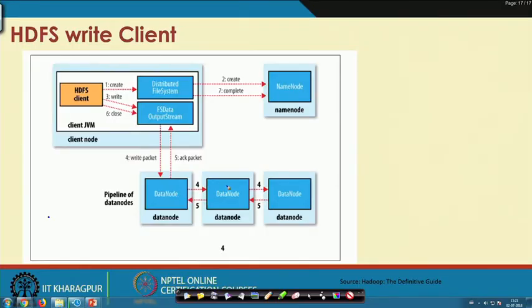The data nodes among themselves take care of the replication. For example, the client writes to the first data node, the first data node writes to the second data node, and the second data node writes to the third data node, if the replication factor is 3. And then the acknowledgement comes back from the third to the second and second to the first, which is finally transferred back to the client. At that point in time, this particular write request is complete.